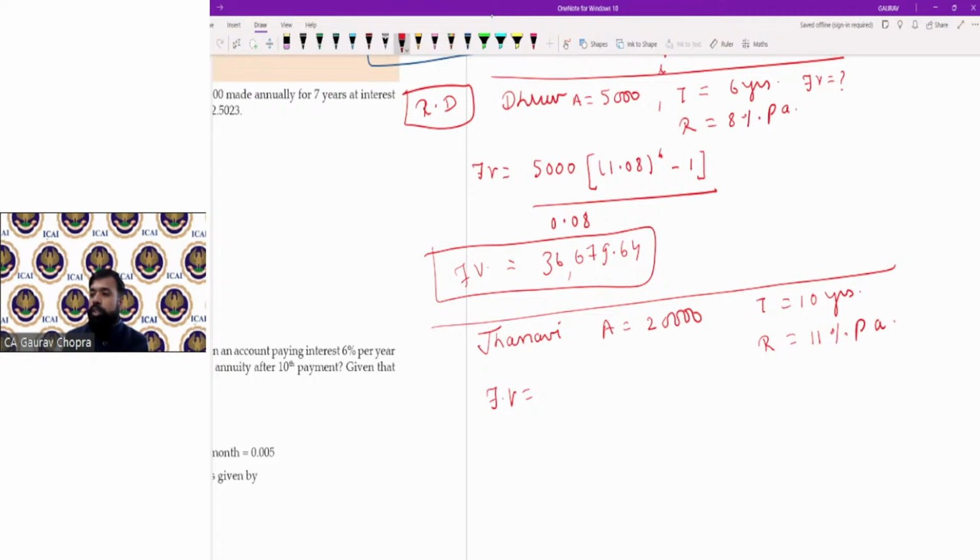Then Ruhani Janvi has given now correct. Pratima, Venkat Lakshmi, great. So the correct answer is 3,34,440.17. This is the final future value. So in this way, you can calculate.